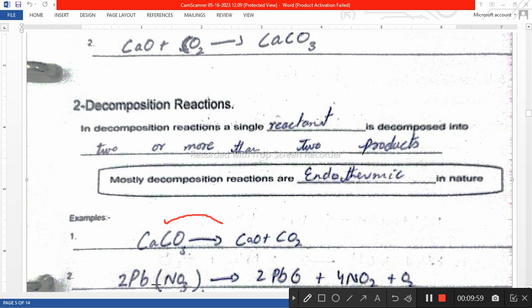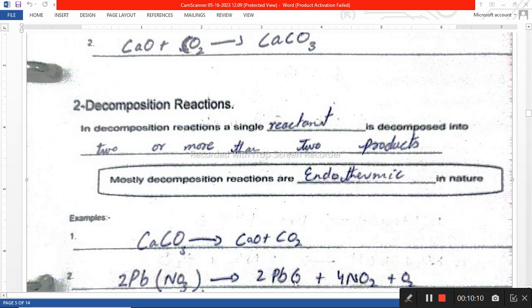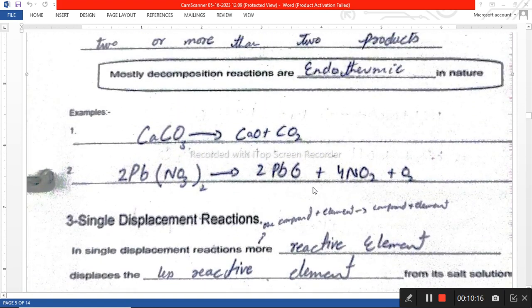Similarly, when we decompose lead nitrate, it goes to lead oxide, nitrogen dioxide and oxygen. These are endothermic in nature, meaning they absorb heat. What are exothermic and endothermic? We will discuss these in the next chapter.